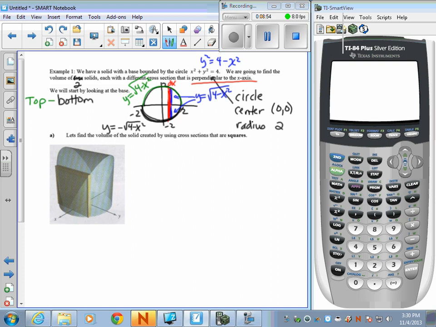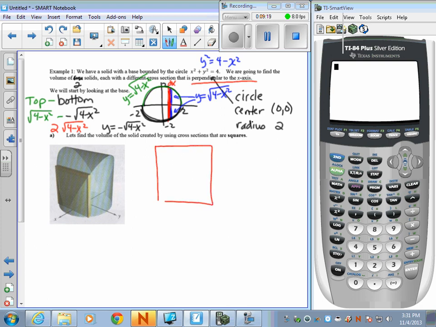At which point, when I work that out, I have the square root of 4 minus x squared subtract the negative square root of 4 minus x squared. And of course, when I'm subtracting a negative, I'm adding. And in total, that gives me 2 square root of 4 minus x squared. So what I would really like to do now is look at my square.